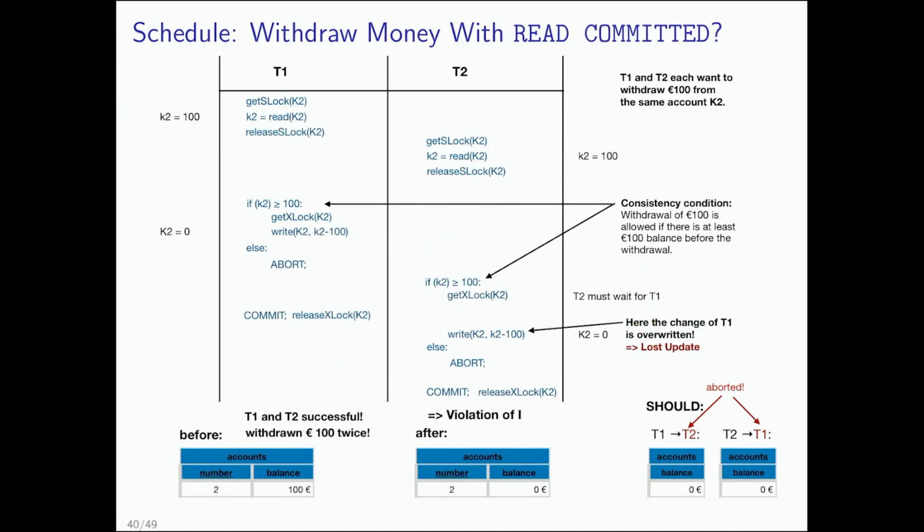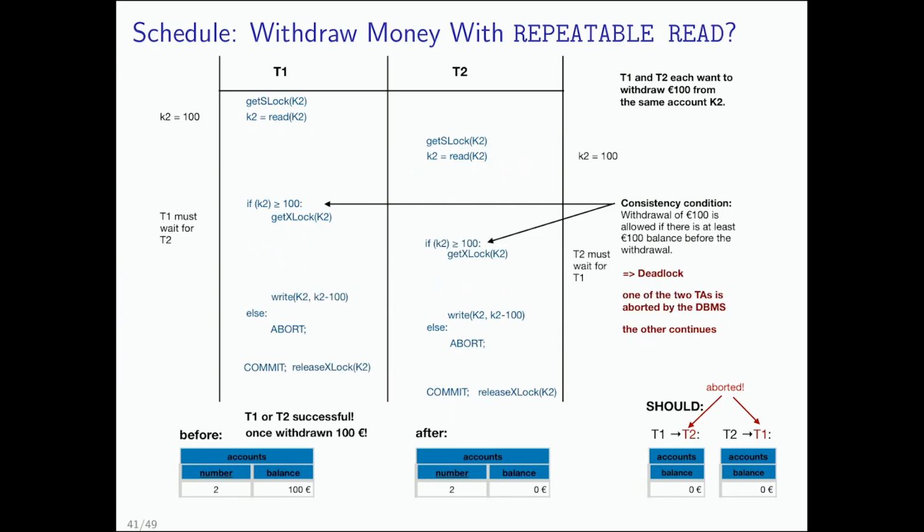Yeah? So here I returned the read lock in read committed. I'm not doing that anymore here. I'm keeping the lock I acquire until the end of the transaction. Which means if I want to acquire a write lock here, I have to wait, because this is blocking. The same happens here.